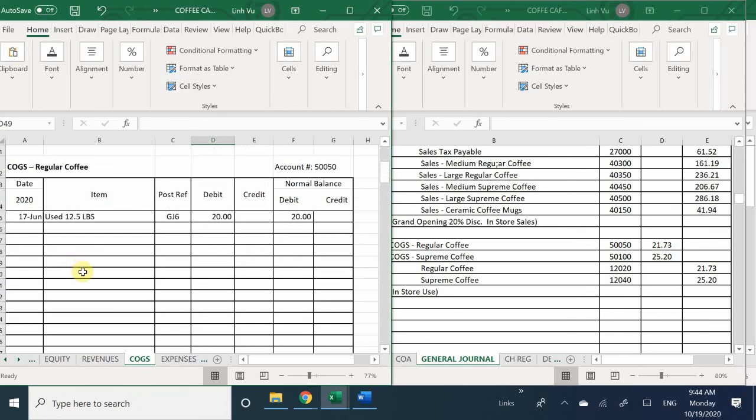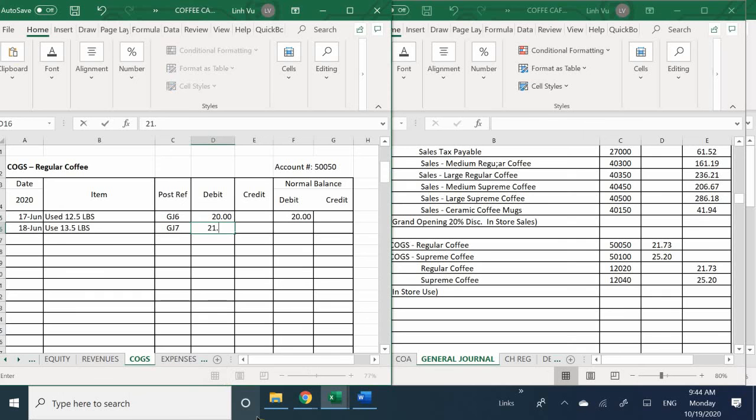Your cost of goods sold, regular coffee, right? Okay. How many pounds did I use? 13.5. Okay. General journal number 7. And how much was those 13.5 pounds?